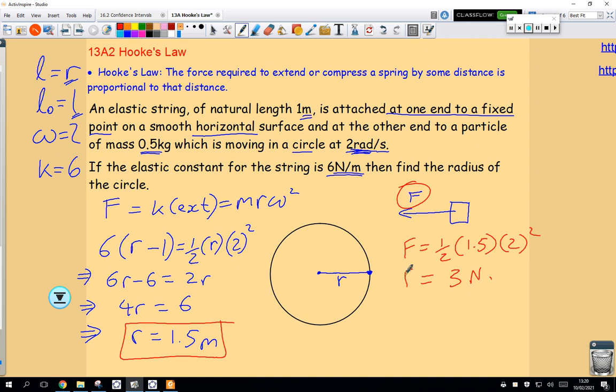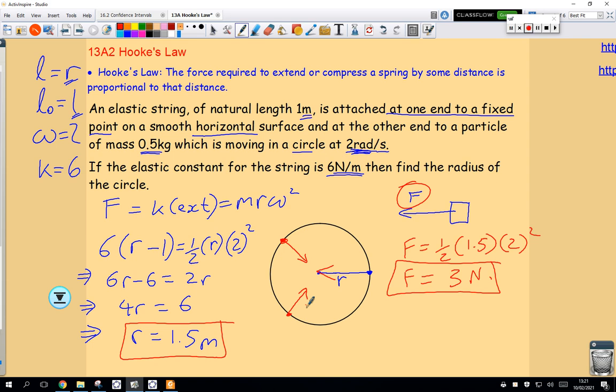Remember, the magnitude of the force is 3 newtons. The direction of the force, well, it's a centripetal force. It's always towards the center of the circle. So at the moment that the particle is up here, the centripetal force will be acting in that direction. When it's down here, the centripetal force will be acting in that direction. As it moves around, the direction of the centripetal force will change, but the magnitude is always going to be 3 newtons.